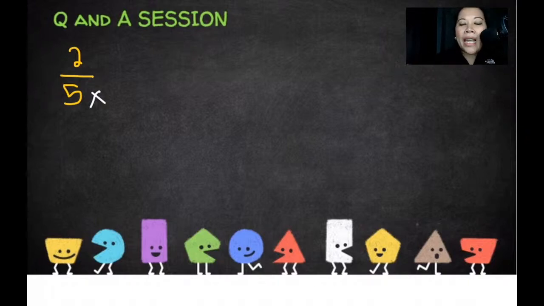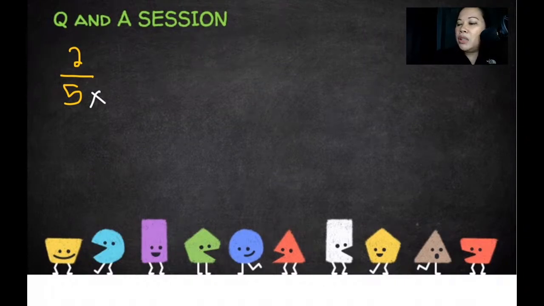Our goal here is to convert fractions to percentages. Since percentages are per 100 and you're given 2/5, you have to multiply both the numerator and denominator by a number that will make the denominator 100.